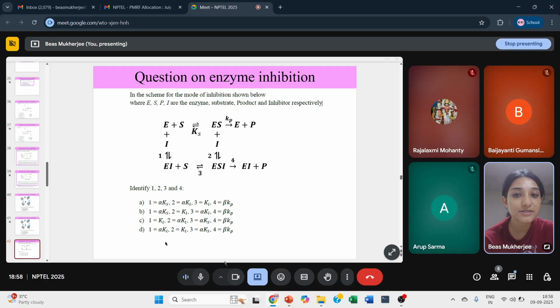If alpha and beta are coming in, that means it has something to do with the inhibitor, right? So which one do you think it is? So all of these are beta Kp, correct?